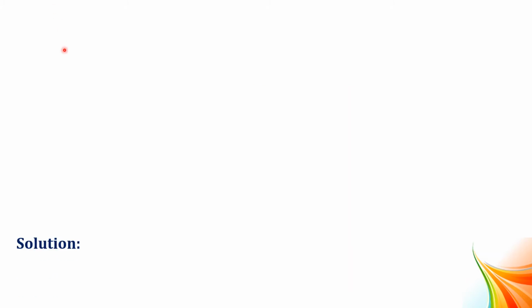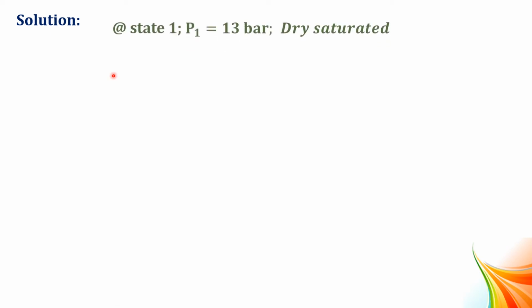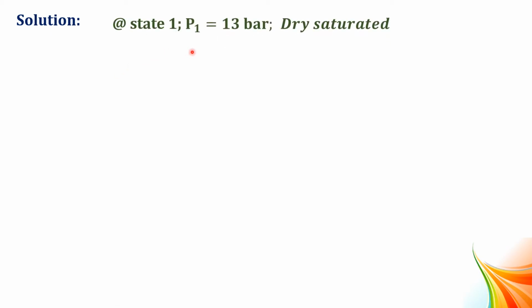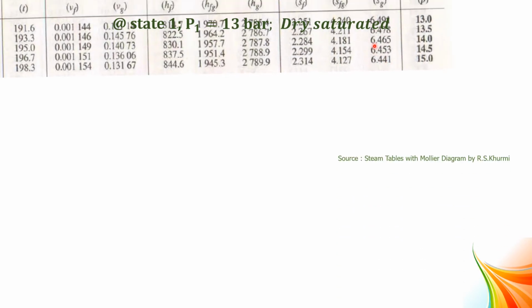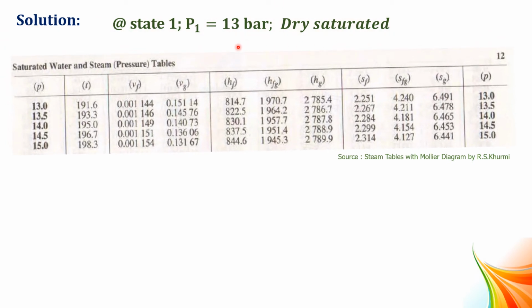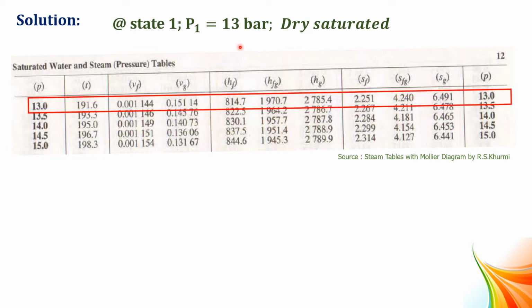Now we can solve this problem by using steam tables. Solution. In our problem, they have given at state 1 the pressure P1 equal to 13 bar and steam is dry saturated. Now we have to find out the values of H1, V1 and S1 from the steam table corresponding to 13 bar pressure. So we know if the steam is dry saturated, then the value of V1 equal to Vg1.